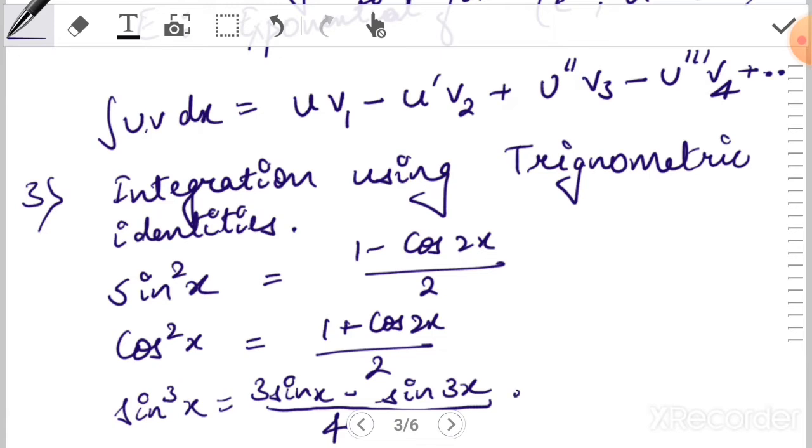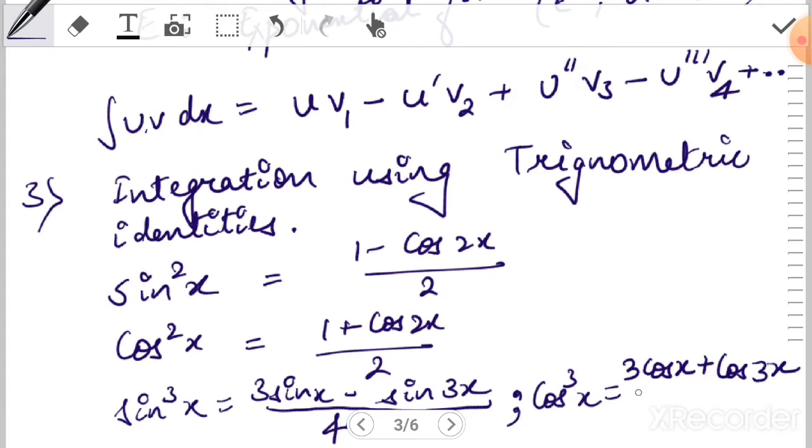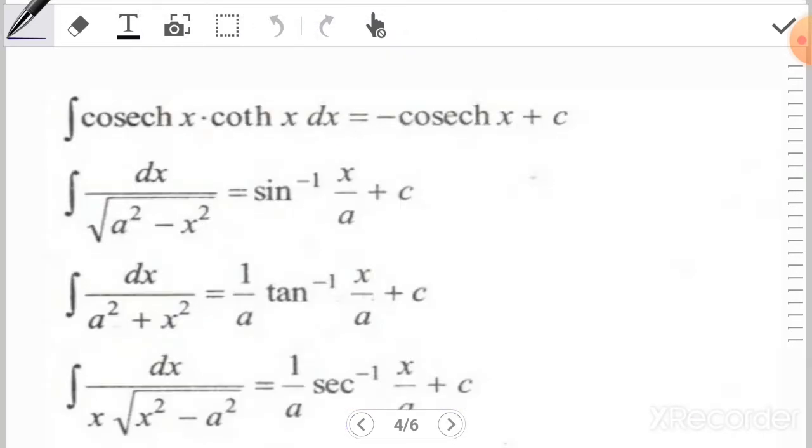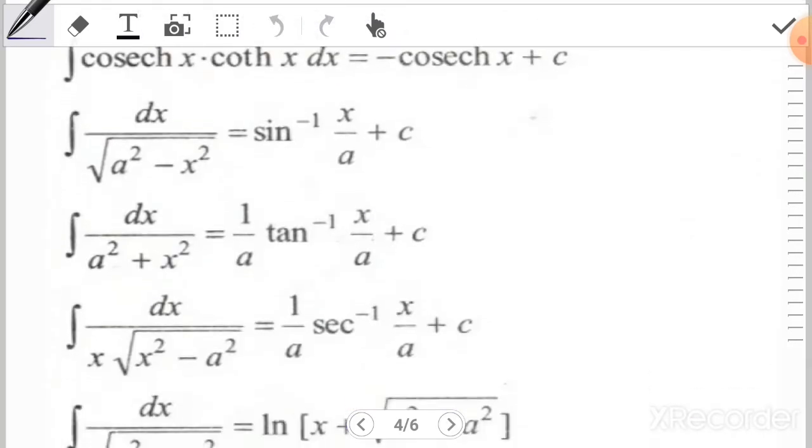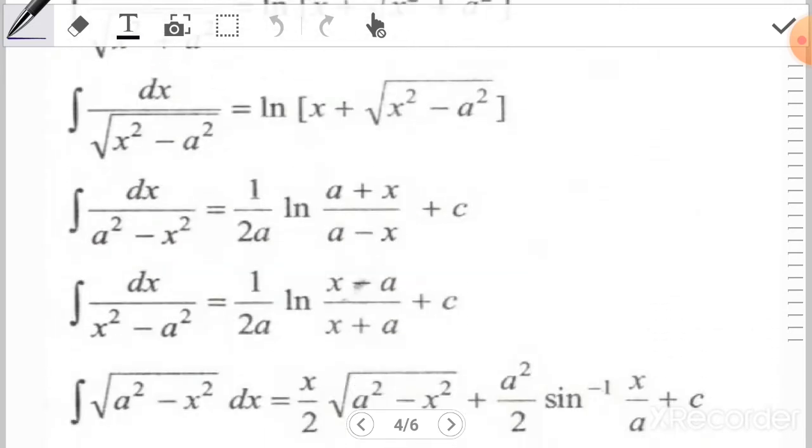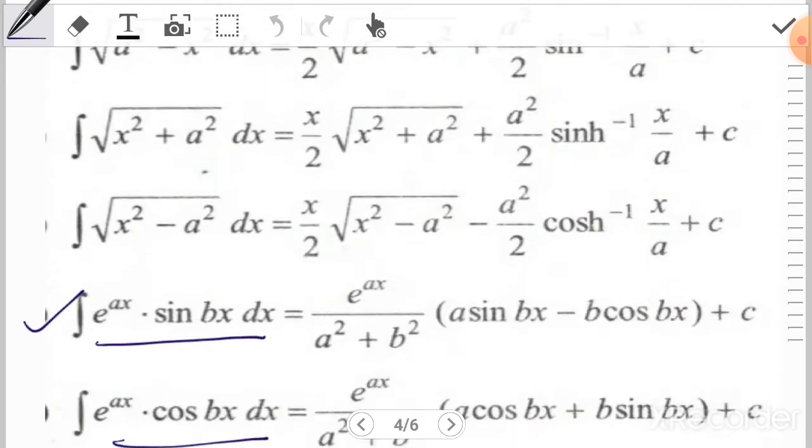Also, cos cube x is equal to (3 cos x plus cos 3x) by 4. So all these identities simplify the integrand so that it can be easily found. Here are some formulae. You can easily prove each of them.